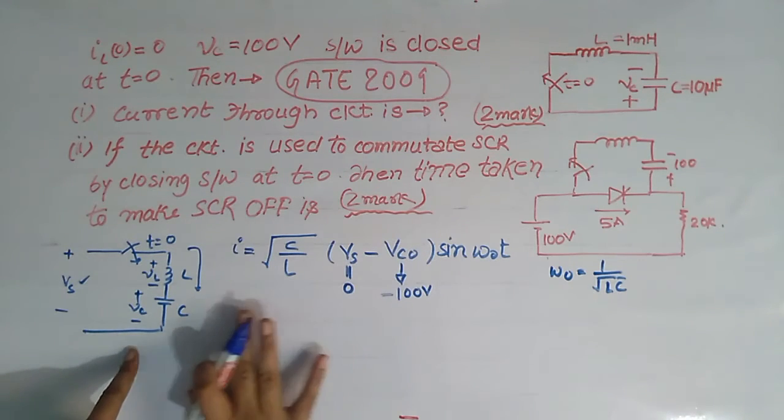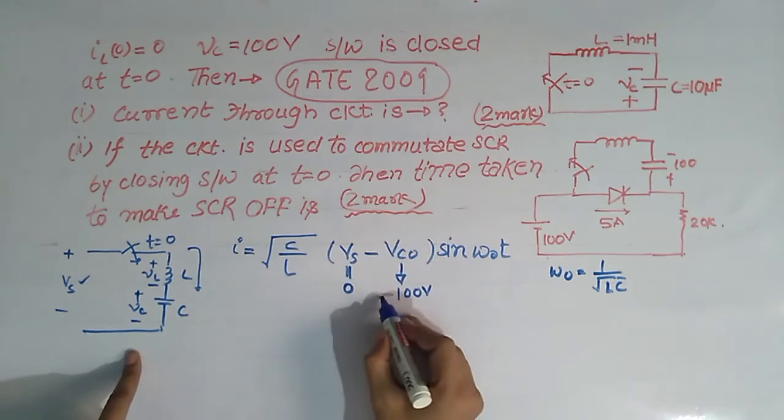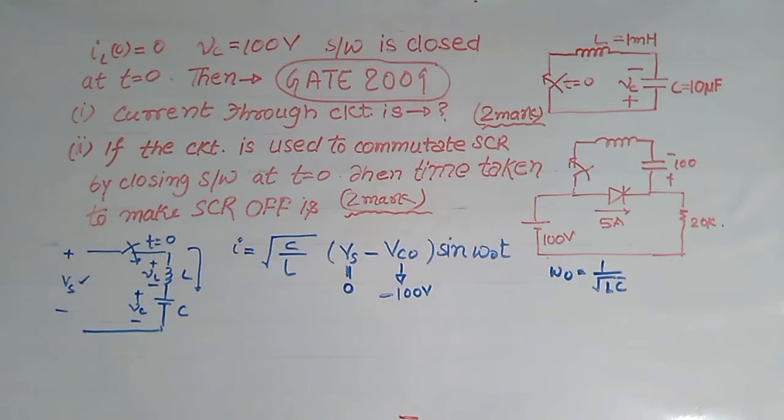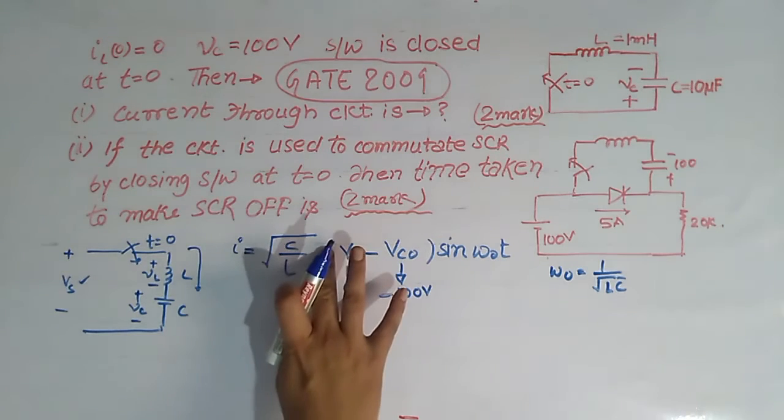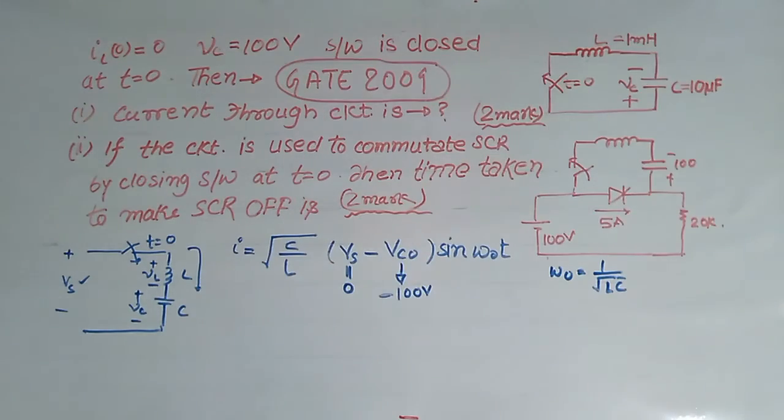So in this equation we have to simply put Vs equals 0, VCO equals minus 100 volt. Capacitance is given as 10 microfarad, inductance is given as 1 millihenry.